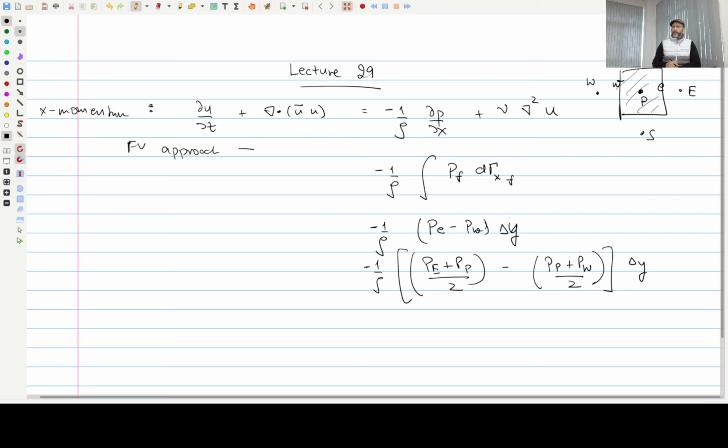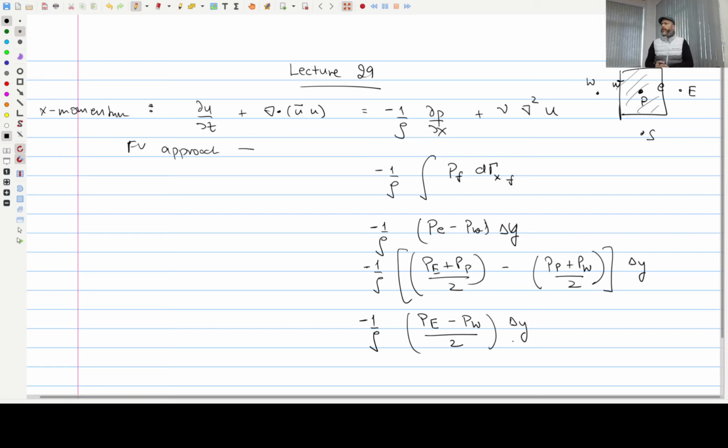To get the face values, we took the nodal values and did a linear interpolation. So this is a center average. So what does this come out to be? The P at the P node gets cancelled. So we are only left with pressure on the east minus pressure on the west divided by 2. So this is where our discussion starts.